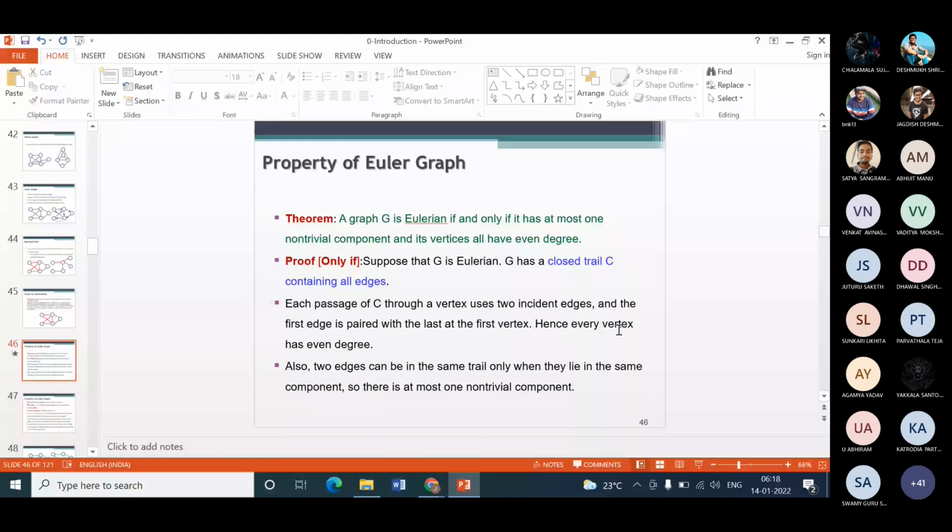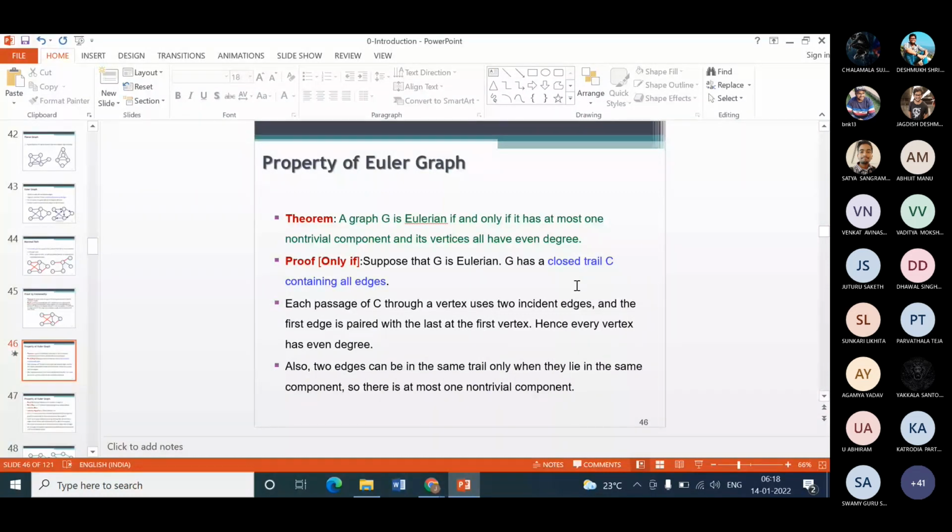Because when you design this passage, you move through a vertex. You enter the vertex through a particular edge, and you leave that vertex, and you do not repeat these edges. It is a closed trail containing all the edges.